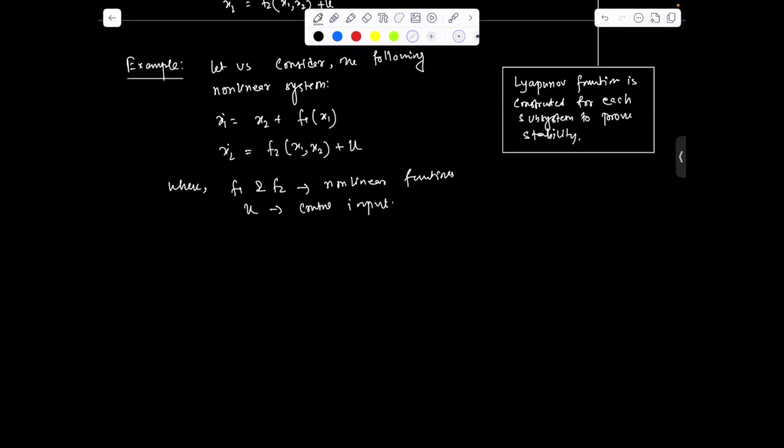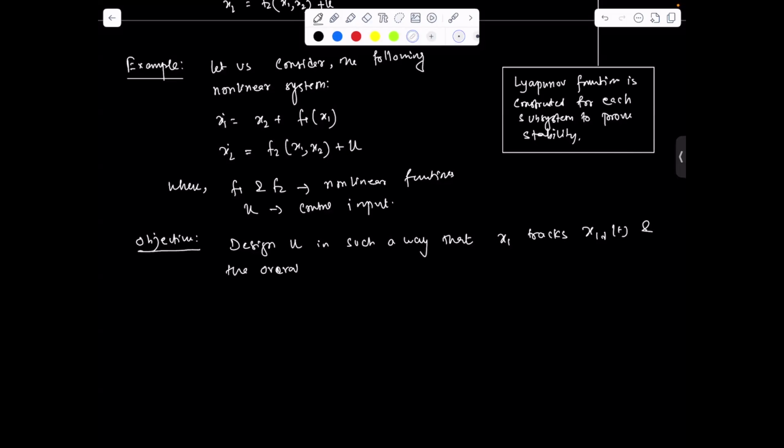Now our objective is to design u in such a way that x1 tracks x1 desired, and the overall closed loop system is stabilized.